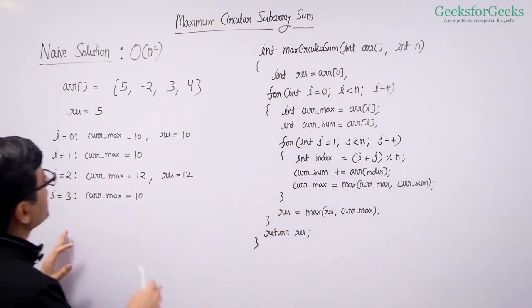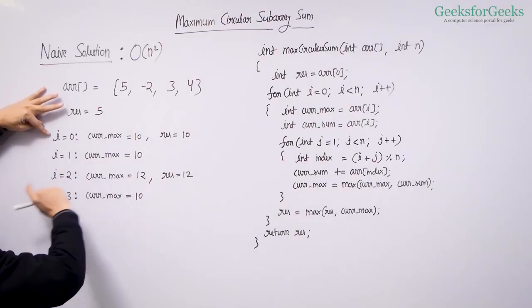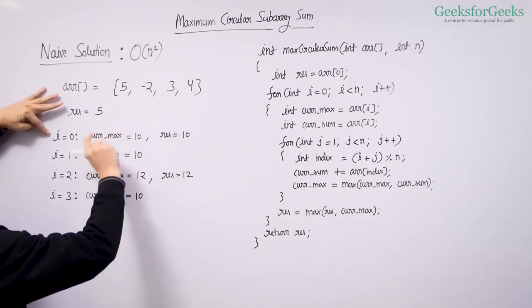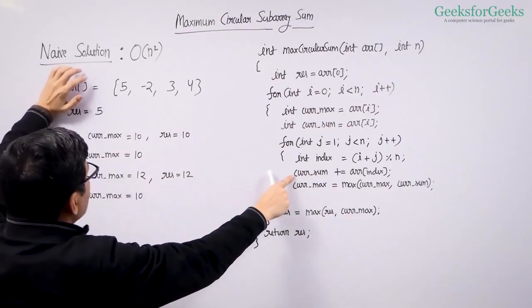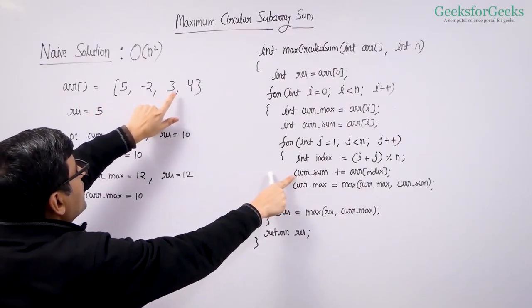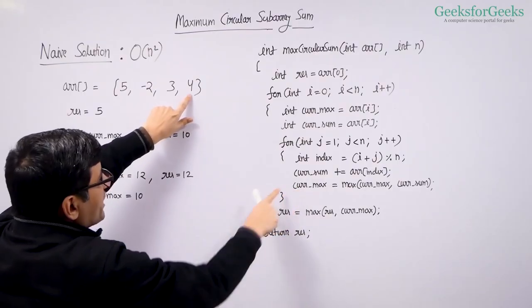So in this case, if you consider 5 for i equal to 0, you will have the maximum sum as 10 when 4 elements are included. Your current sum will first be 5, then 3, then 6, then 10. And your current max will be updated to 10 because that's the maximum.